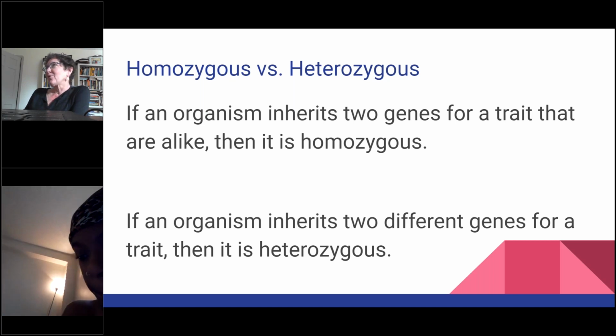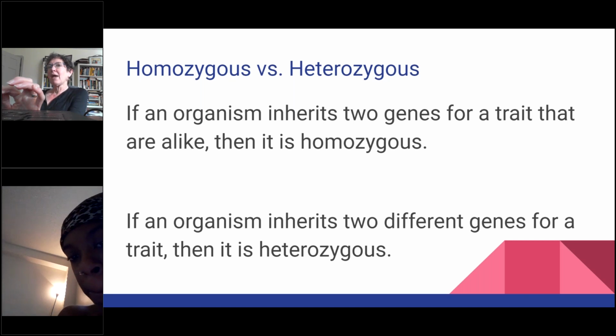And I have both a tall gene and a short gene. And so I ended up being kind of average. That's very simple, but that is the idea of homozygous and heterozygous. So homo is the same, hetero is different, and that's telling you about your genetic makeup for one particular trait.